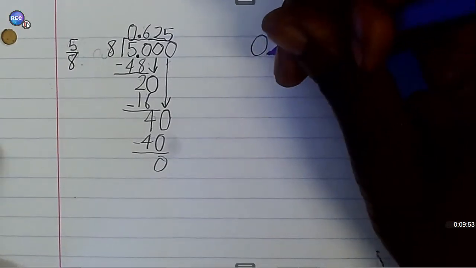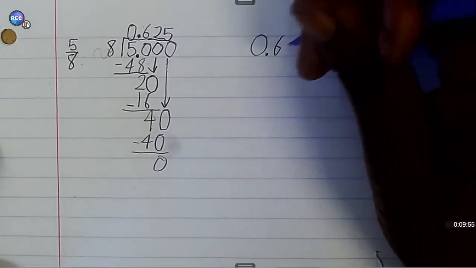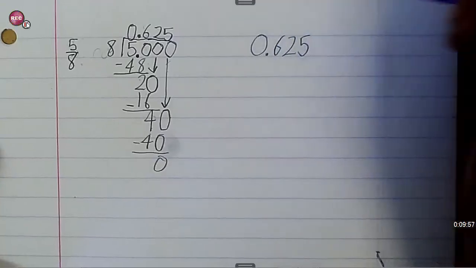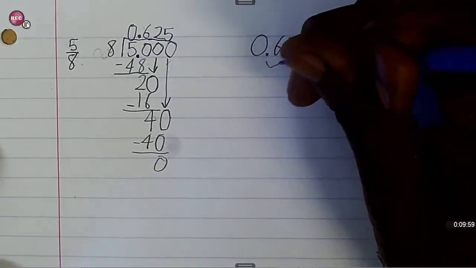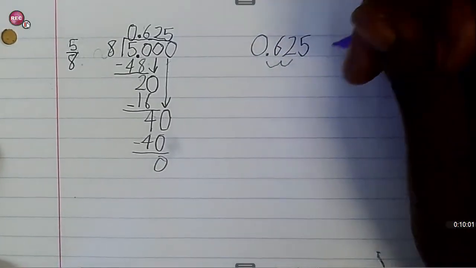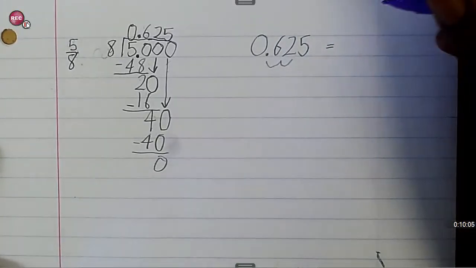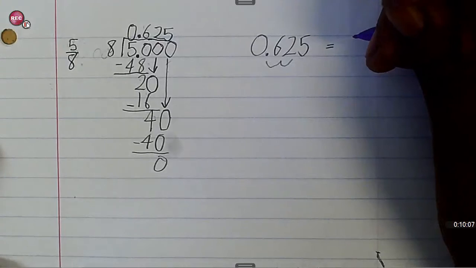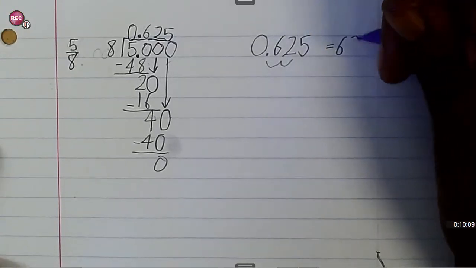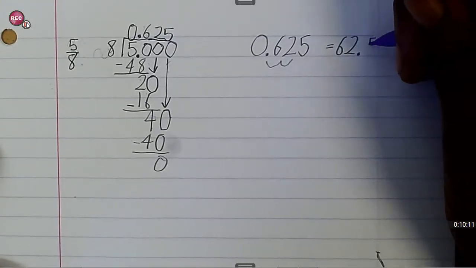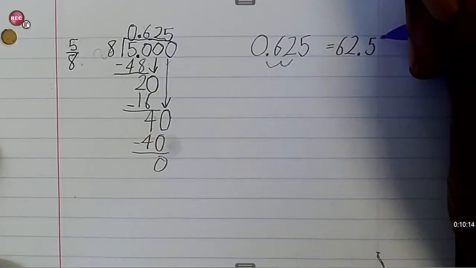So if we take that equivalent decimal, 0.625, move the decimal place 2 places to the right and write our percent symbol. That'll be 62 and 5/10%.